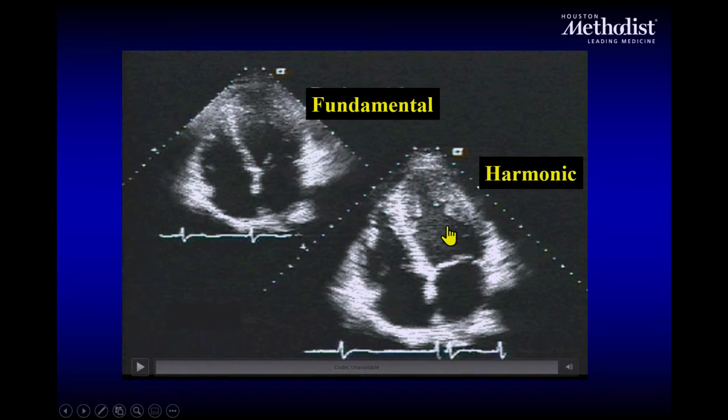One problem with harmonic, obviously, is that if you're sending at, let's say, 2 megahertz and imaging at 4 megahertz, the resolution is at the 2 megahertz frequency. So don't fool yourself that, if you're imaging at 4, this is the frequency that you're imaging at. Always try to image at the highest frequency that you can.